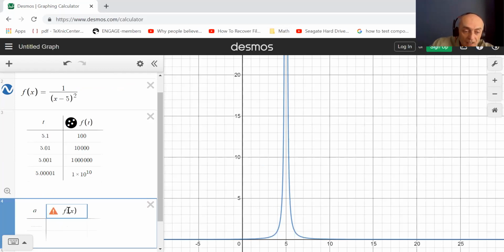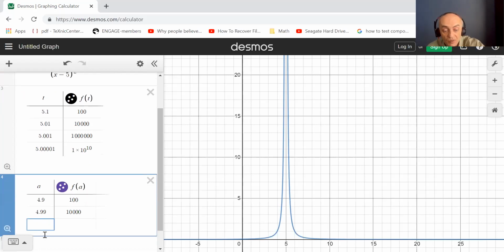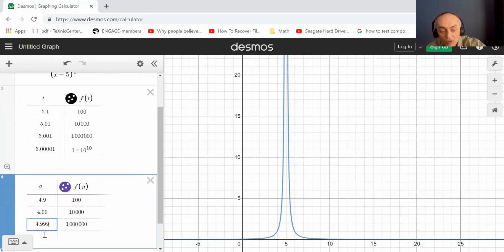Let's put numbers close to 5, but from the left. So we say numbers like 4.9, and over here, even closer to 5 will be 4.99, for example, and over here, even closer, 4.999, and so on and so forth.